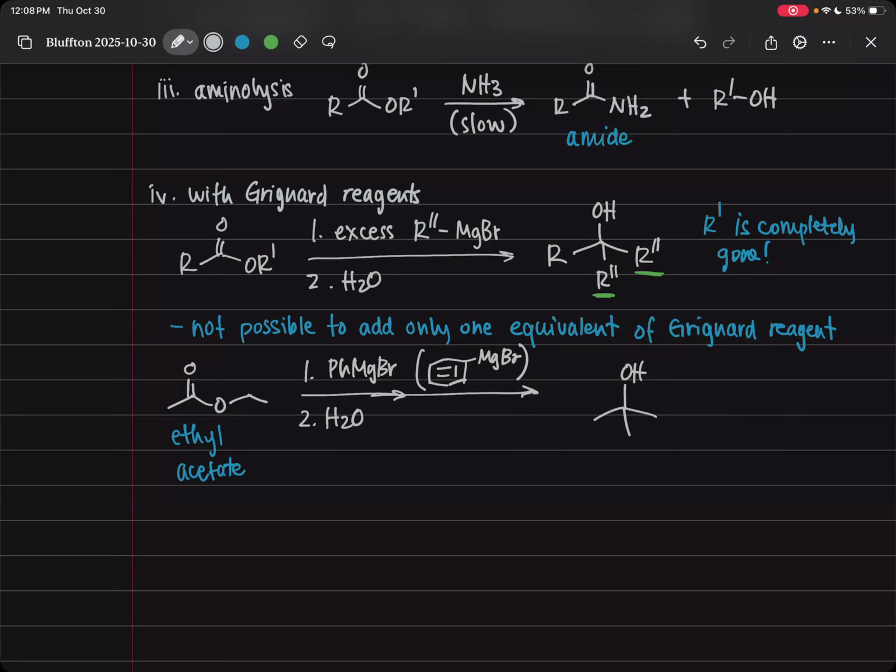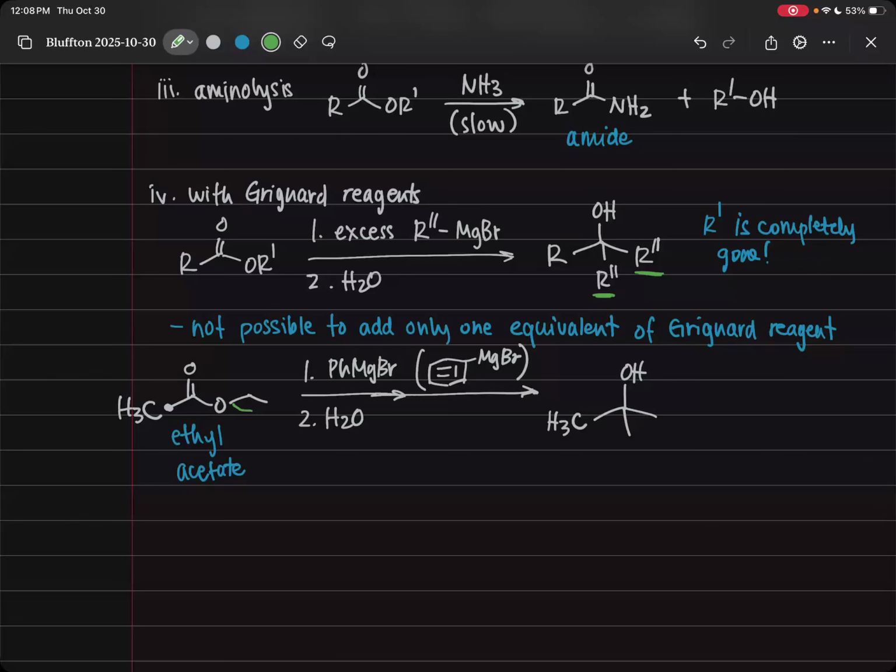One of those things will be the group that was on the carbonyl side of the ester. So in our generalized example, that's R. In the specific example, that's the methyl group on the left. So I'm going to write H3C. Why not do that here too? Okay, so that's our methyl group. That's going to stay on the alcohol in the product.